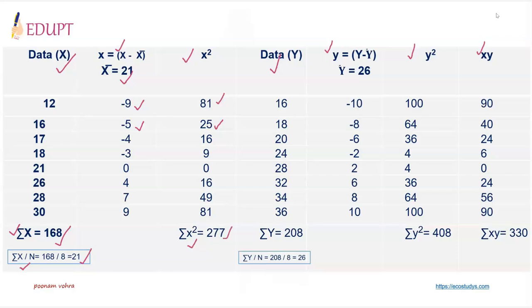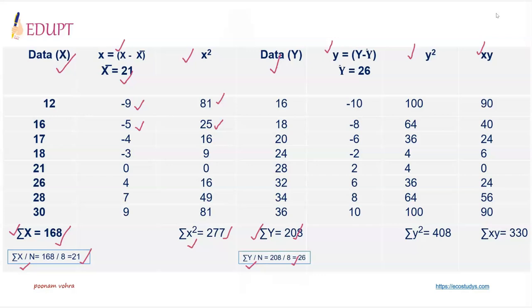Then come on to variable y. The values of variable y are given. You need to sum it up. That is 208. Find the actual mean, summation of y by n, 208 by 8, which is 26.